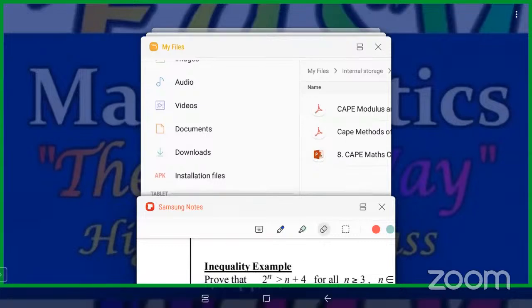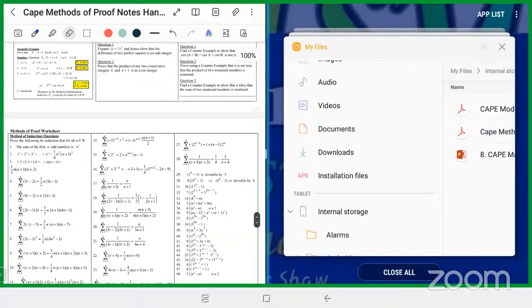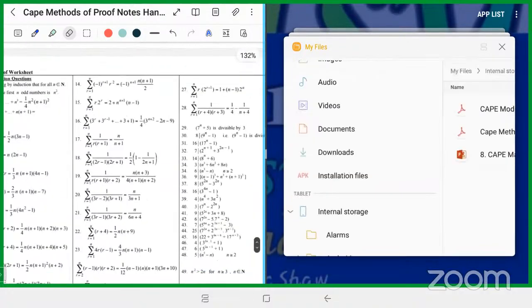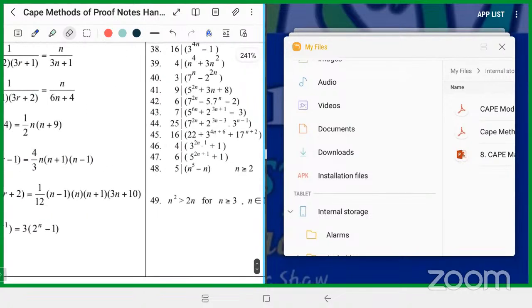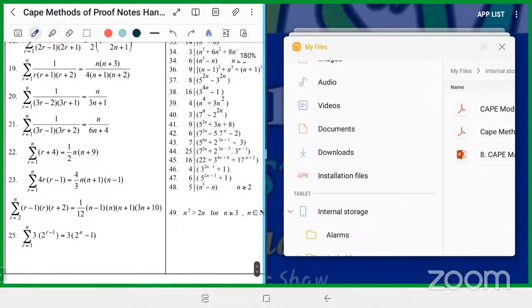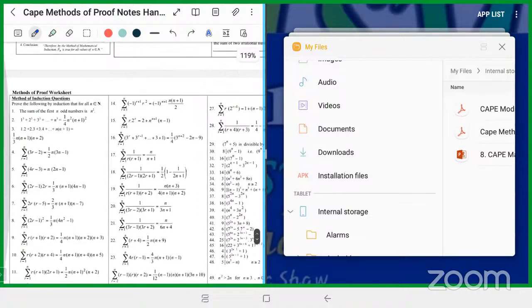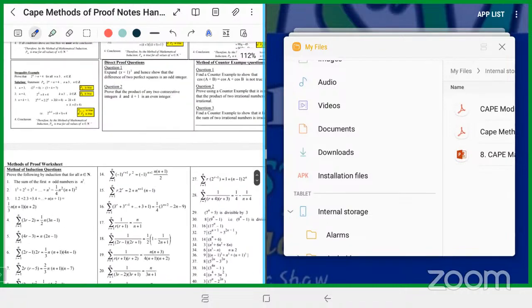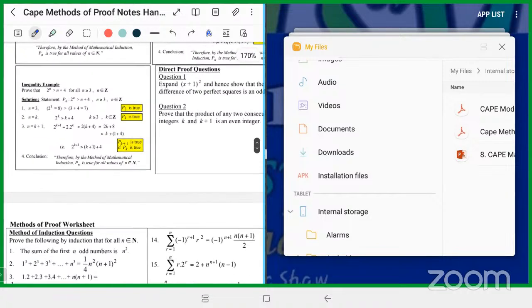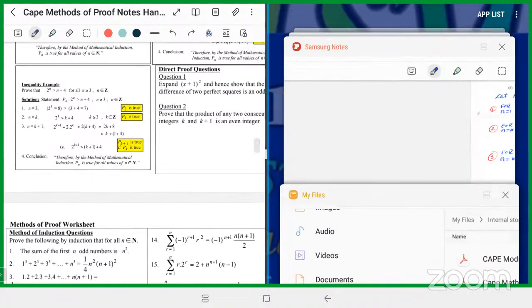Here. That is one. I think there are others on this sheet down here. There's another one down here. n squared is greater than 2n for n greater than or equal to 3. That's another one. You're not gonna see a lot of them. All right. Let me see. I wrote this one.